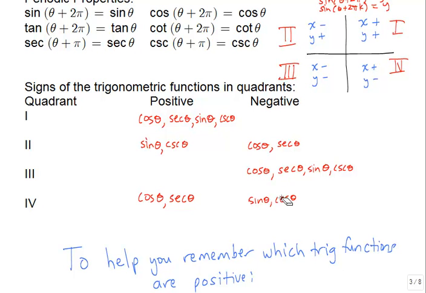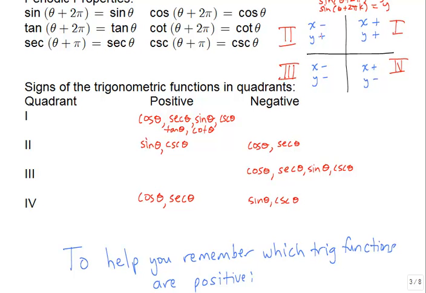And then finally, if we look at tangent, tangent is y over x. So if you divide a positive y by a positive x, it's going to stay positive. So tangent is positive in quadrant 1, and so would its reciprocal be cotangent.